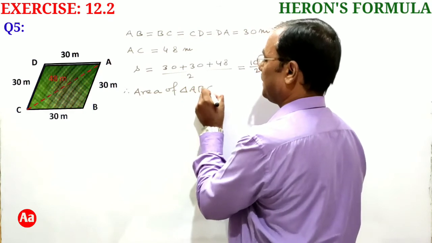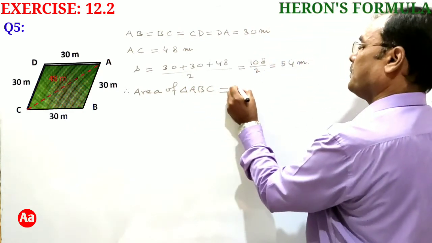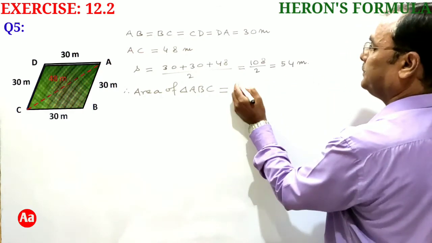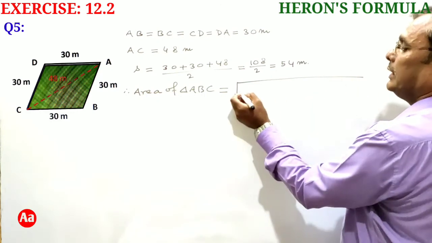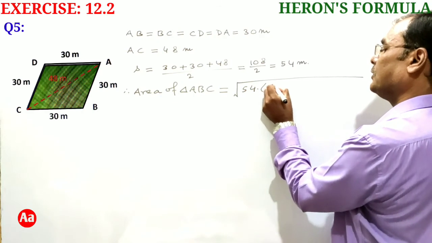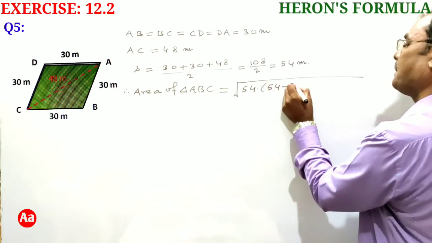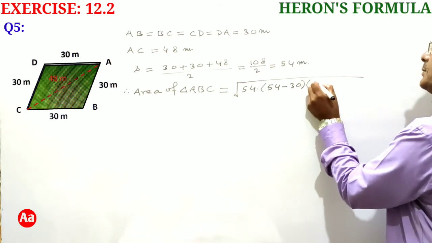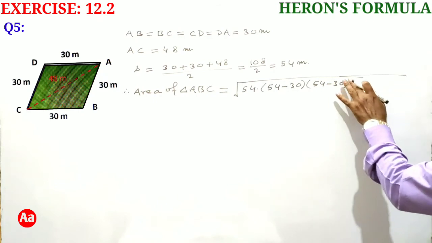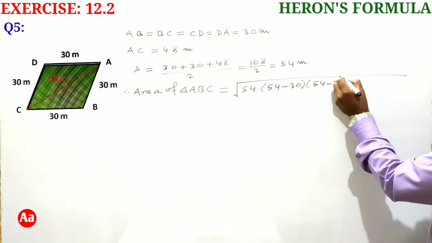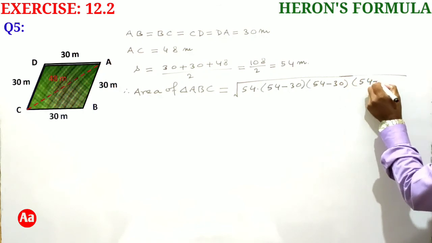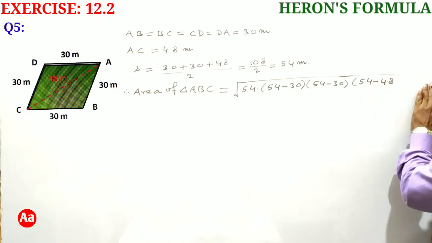Therefore, the area of triangle ABC is equal to under root, we are going to use Heron's formula, S, 54, into S minus A, 54 minus 30, into S minus B, 54 minus 30, into S minus C, 54 minus 48.